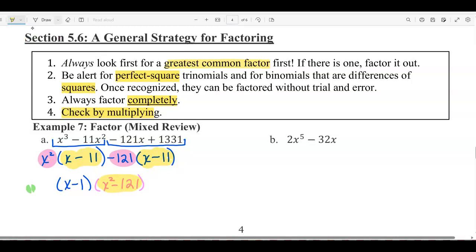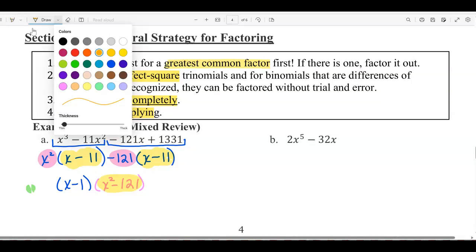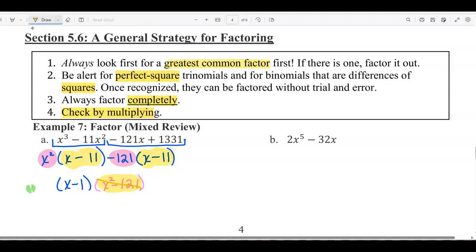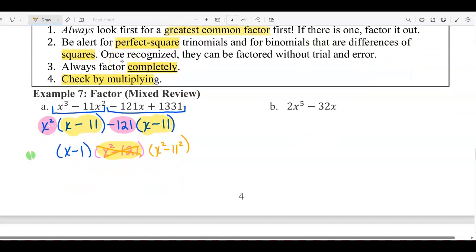I can actually think of this as, I'm going to rewrite it, x squared minus 11 squared, because 11 squared is 121. And I know that if I have the difference of squares, it has to be a negative, that's the key, that this factors into x minus 11, x plus 11.